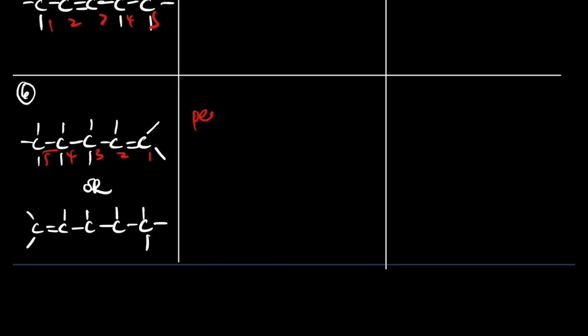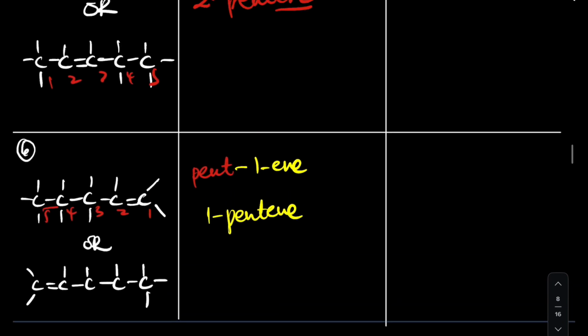This is 5, so it's going to be pent-1-ene, right? Same as this one. It was here, now it's here, so it's going to be the same name, or you can say 1-pentene.